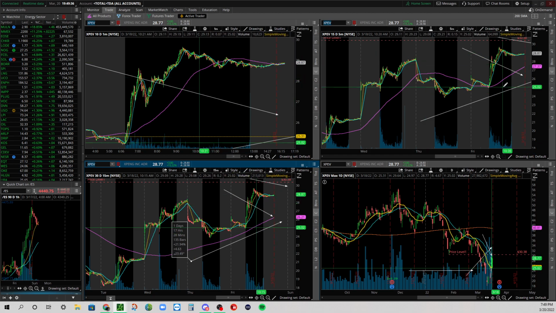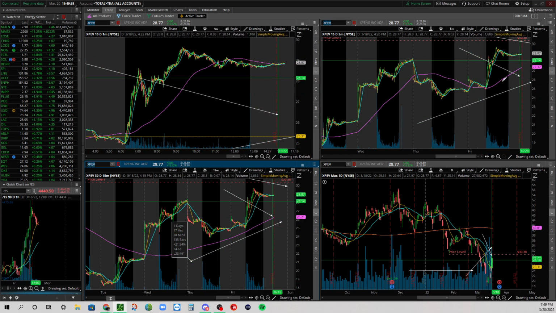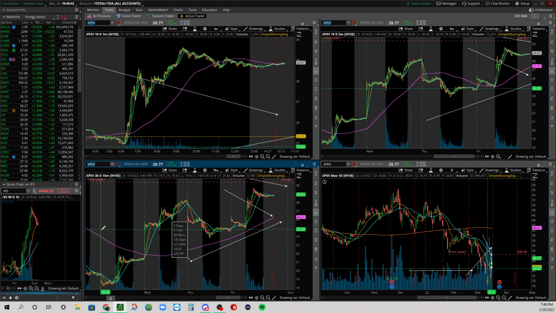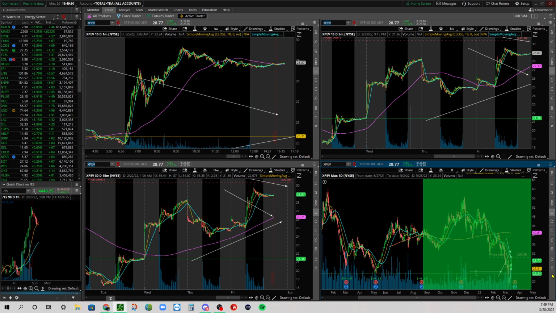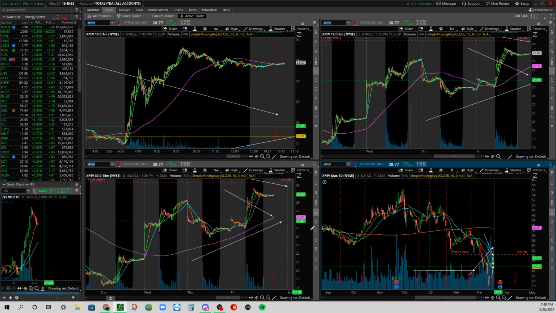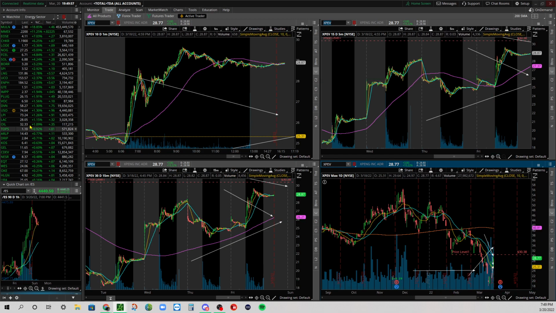The 1 minute and the 5 minute are kind of choppy. As you can see, it's already making confused decisions. It's not a clean swoop like what you see here in the 15. The volume is there, so it's in favor of the upside. It's not that great of a setup. It's more of a chase, buying the dip situation. Okay, so that's XPEV.